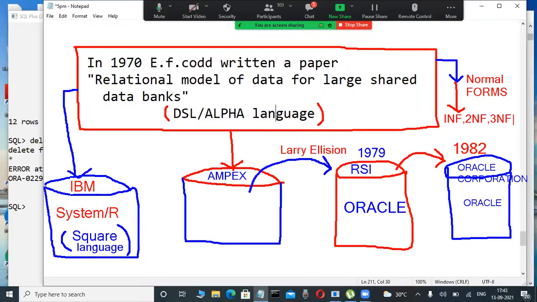Draw this diagram, otherwise take a snap. This history I will tell you.